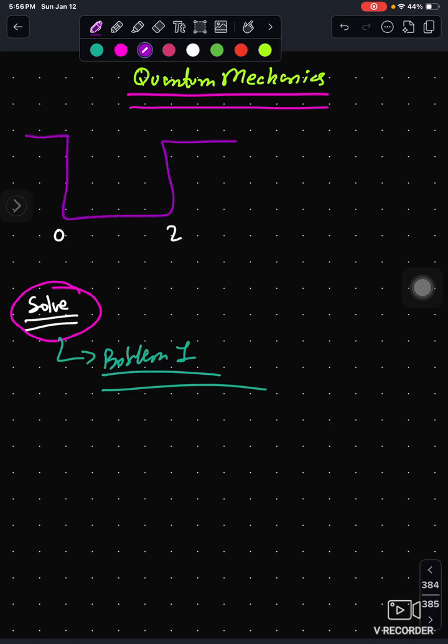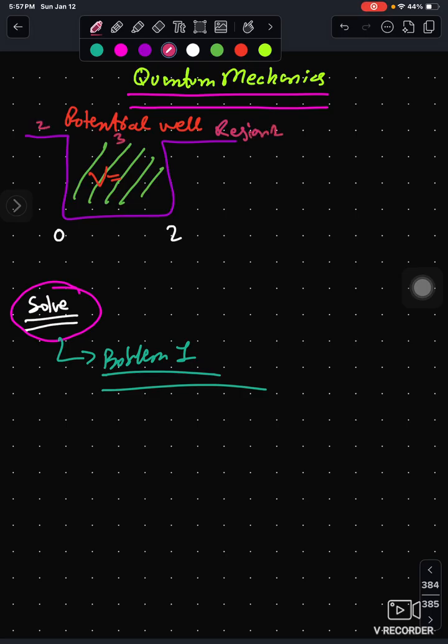As a super overview, we know that this over here is a potential well, and in this potential well there are region 1, region 2, and region 3.